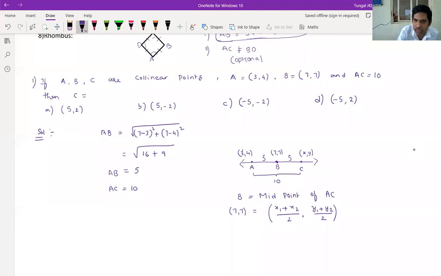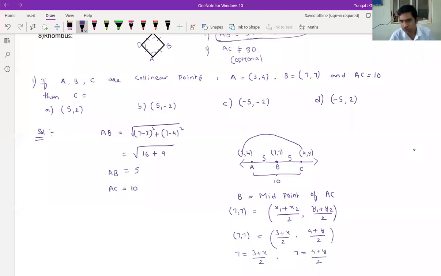This one you already learned at school level. So x1 plus x2 by 2 is (3 plus x) by 2, and y1 plus y2 by 2 is (4 plus y) by 2. Now compare with (7, 7). We get 7 equals (3 plus x) by 2, and 7 equals (4 plus y) by 2.